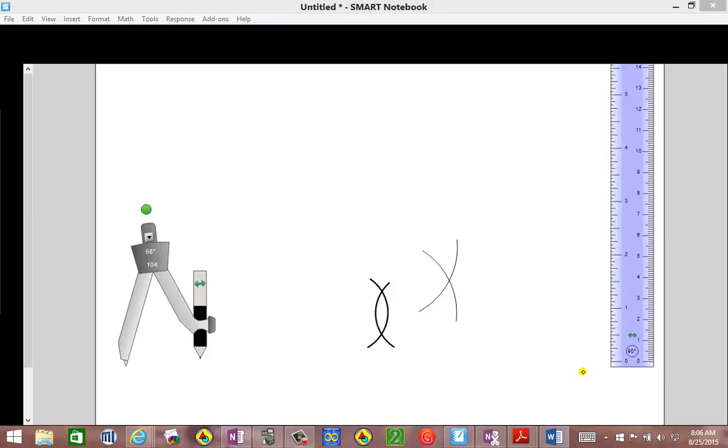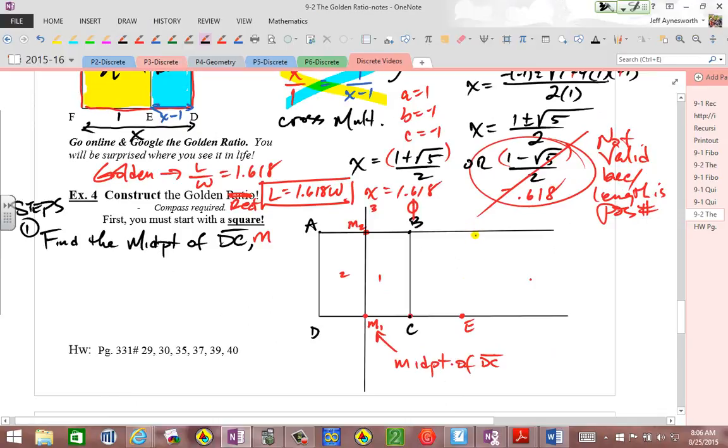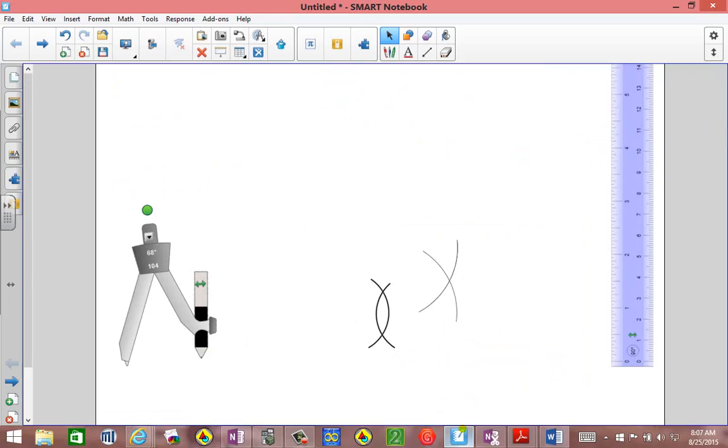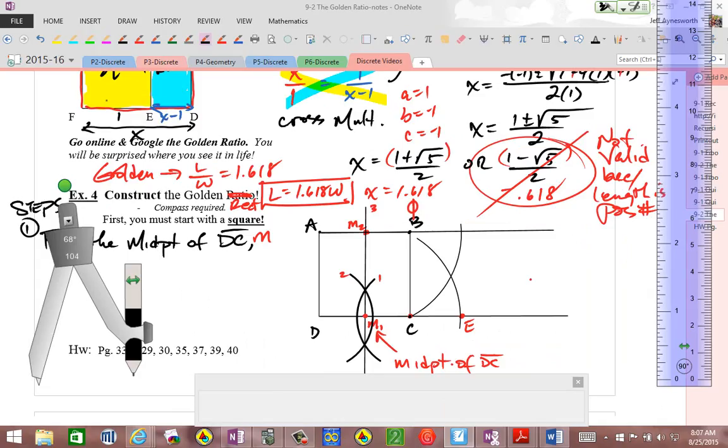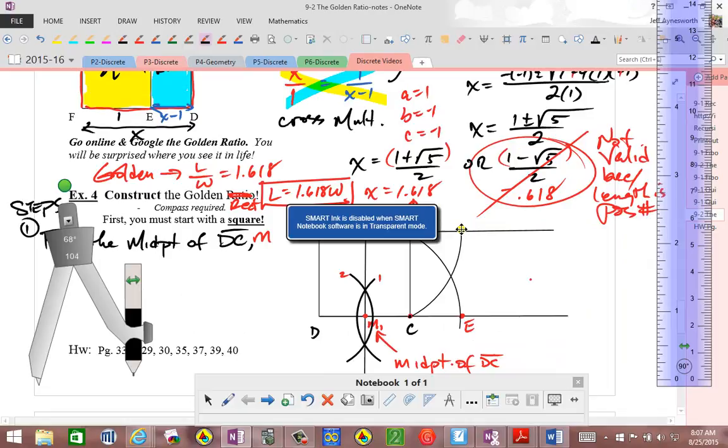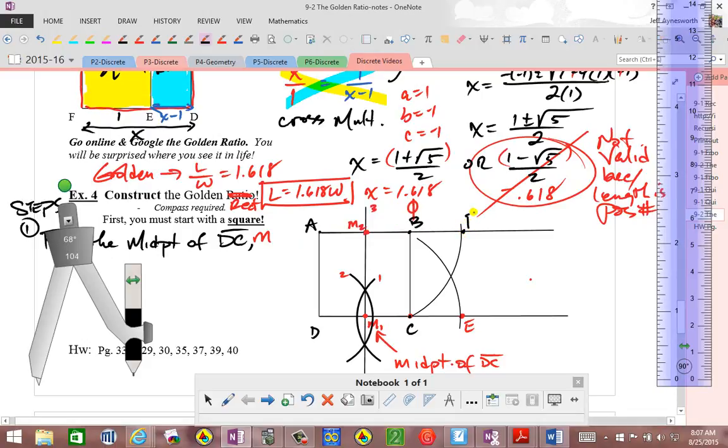Let me close this here. Let me go transparent again. This is point F right here. Call that F. So now you just connect E and F with a straight edge, of course.